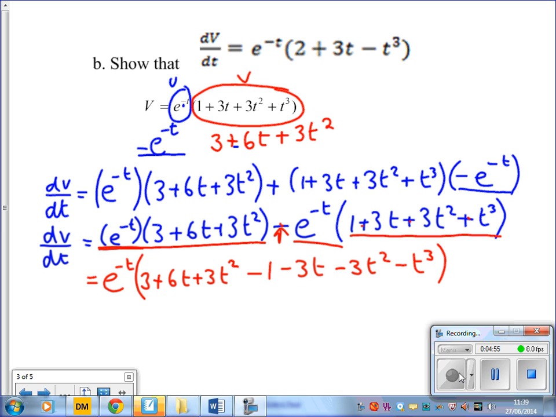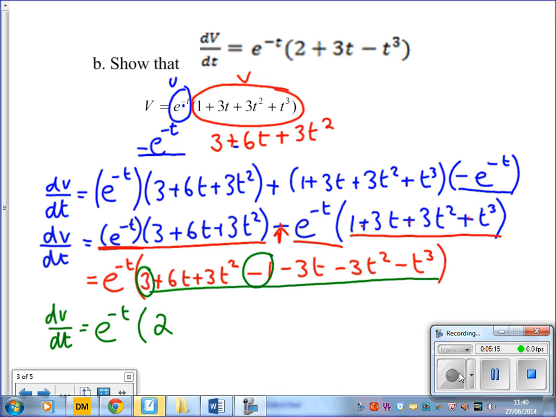On this next line then, I'm going to simplify this bracket just here. So dv dt equals e to the minus t. I've got 3, take away 1, so 2.